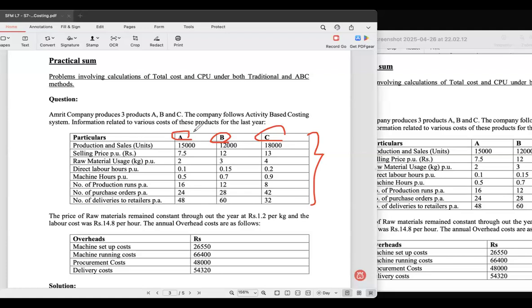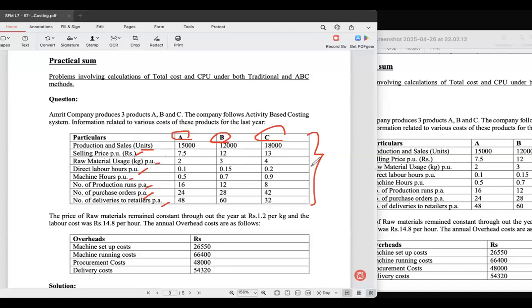Information related to various costs of these products for the last year is as follows. Production and sales in units, selling price per unit in rupees, raw material usage kilogram per unit, direct labor hours per unit, machine hours per unit, number of production runs per annum, number of purchase orders per annum, number of deliveries to retailers per annum.